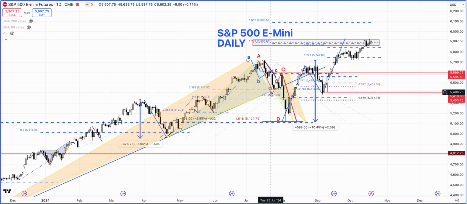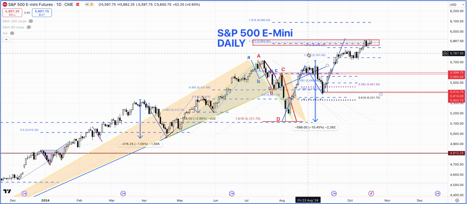So we had timing, we had the pattern, and when price meets time, the pattern is complete, and this is what we saw. We began to see the market move higher from here, and for the next couple of days there was a lot of back and forth, a lot of uncertainty, but then it made a push higher and then a retracement.